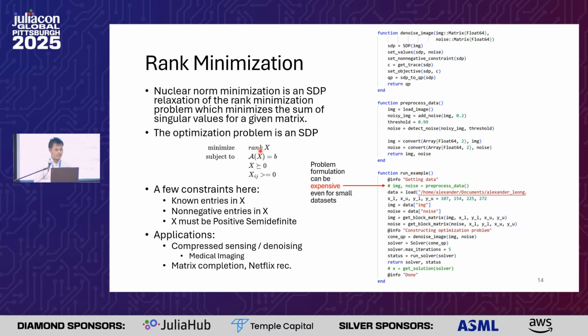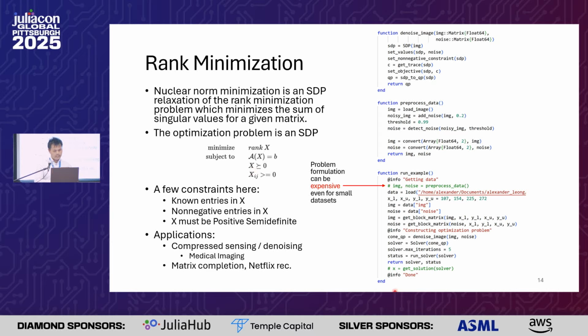So we minimize the trace of this positive semi-definite matrix X, subject to AX equals B, and then enforce that positive semi-definite cone on the variable X. Here, I've added an additional constraint where all the entries are non-negative, so I've also added a non-negative orthant constraint on X.